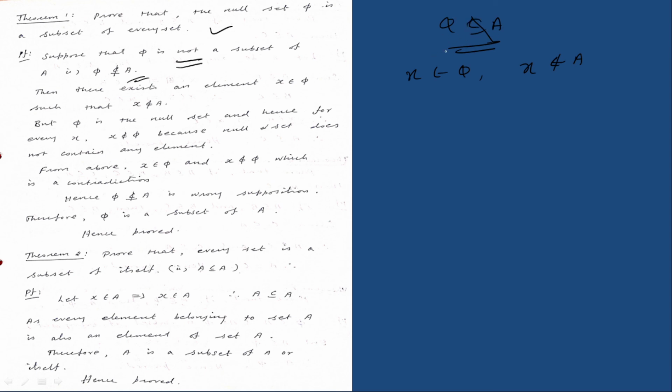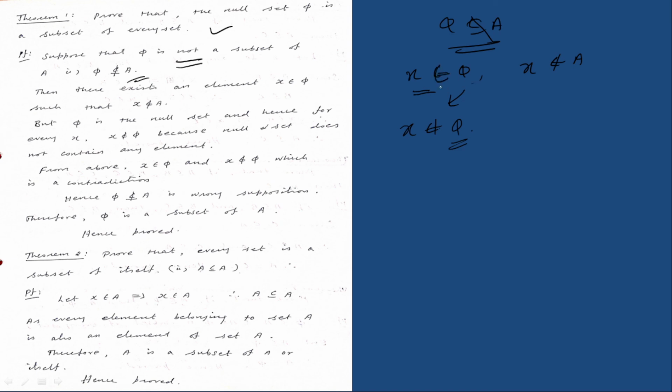By the definition of subset, there exists an element in φ that is not an element of A. But as per definition, φ is a null set and it doesn't have any element. So x doesn't belong to φ, because φ is a null set and doesn't have any elements of its own.